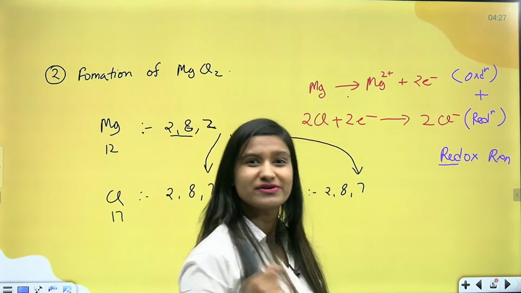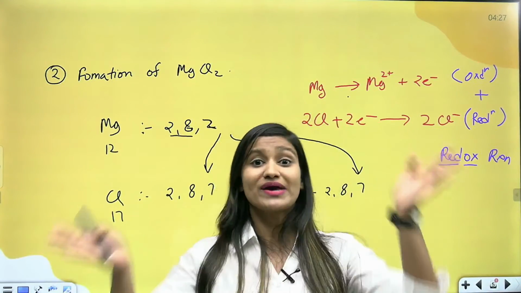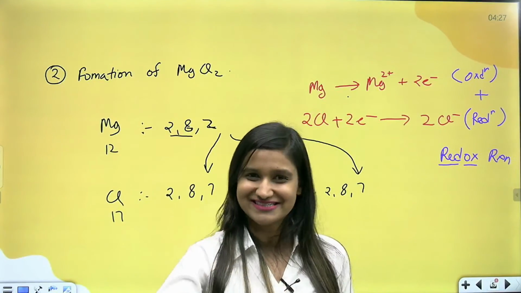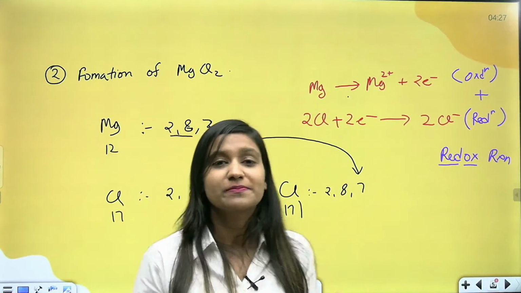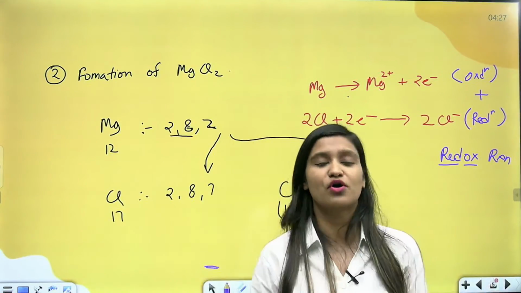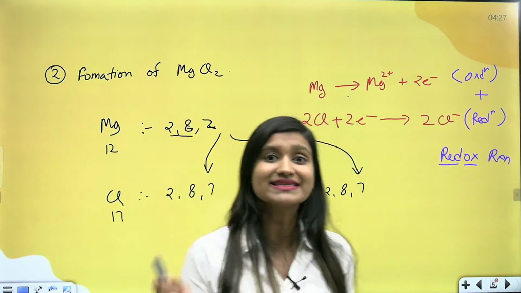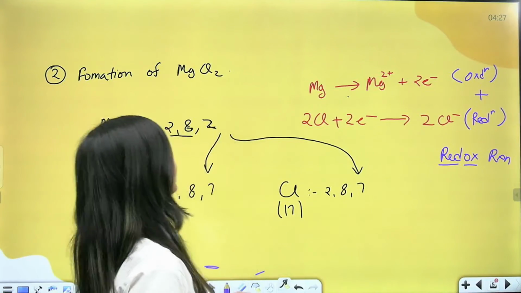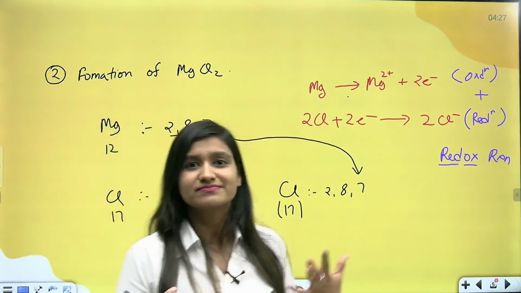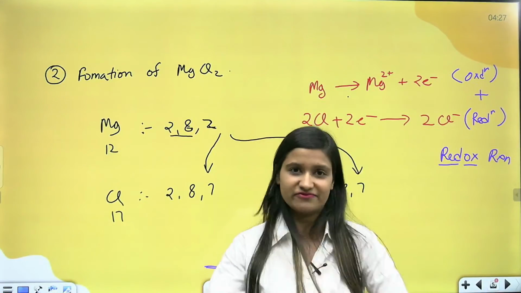Red stands for reduction and ox stands for oxidation. Together they form a redox reaction. So you can say the formation of an ionic bond or electrovalent bond is in itself an example of a redox reaction. Alright, so I hope it's quite easy to understand what an ionic bond is. We are done with it.